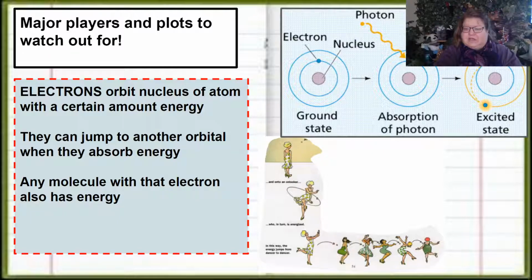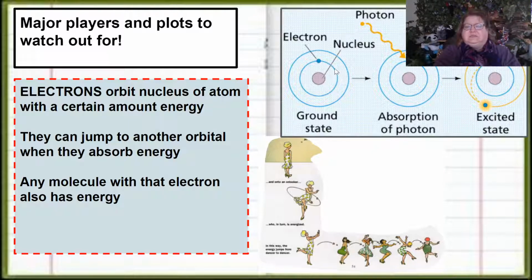Now, electrons are not static. They're moving from orbital to orbital if they absorb energy. So they exist in a ground state, but they can also exist in an excited state by absorbing energy.